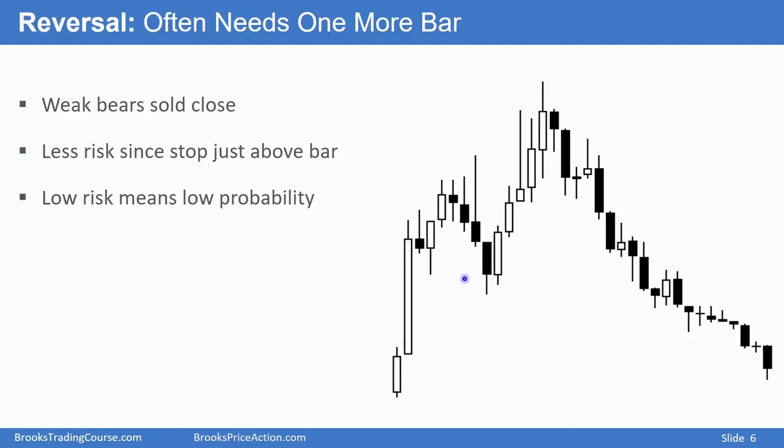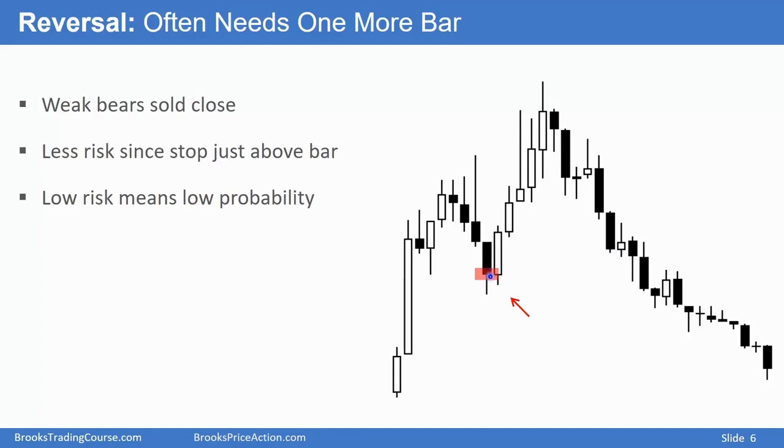With this close at this low instead of below the low, and with no follow-through bear bar yet, the probability of selling this close is low. Whenever you get these bear breakouts like this and like this, low probability to sell here, but once you get a strong follow-through bar, it confirms the breakout and it increases the probability that prices will continue down.